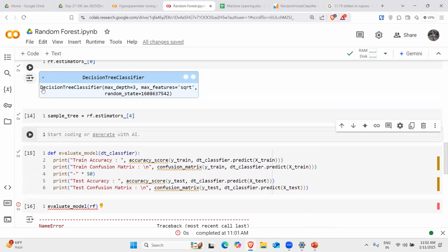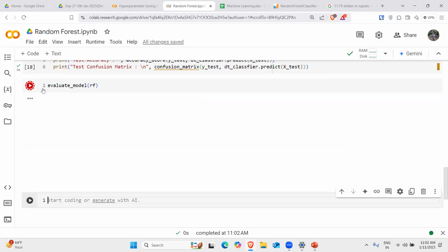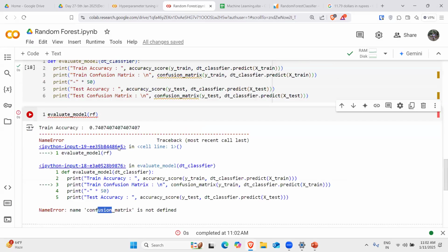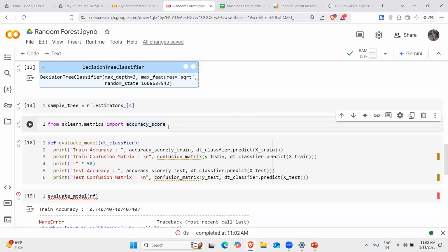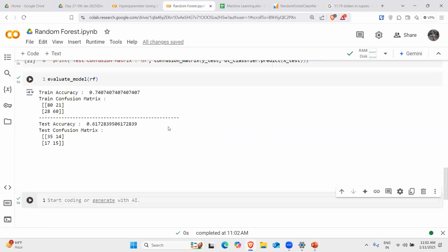So we'll just write from sklearn dot metrics import accuracy underscore score. Now it again throws an error for confusion matrix. Again, we will import confusion matrix. Try to use that. Now it is working, right?